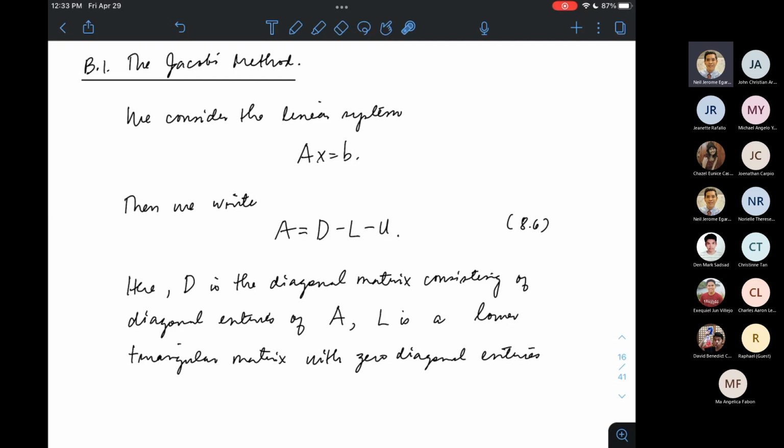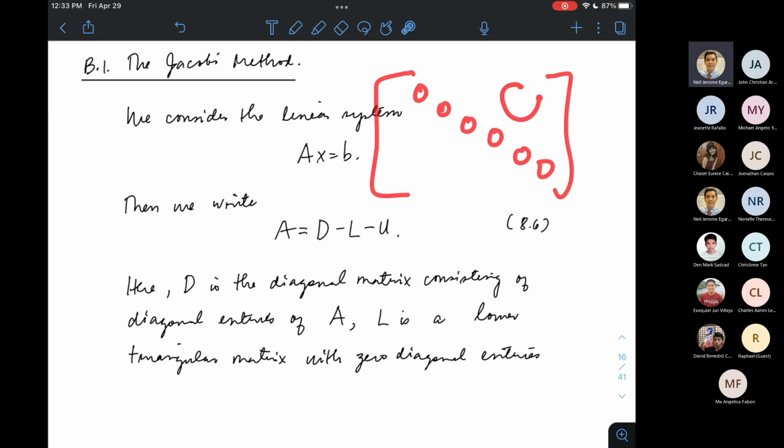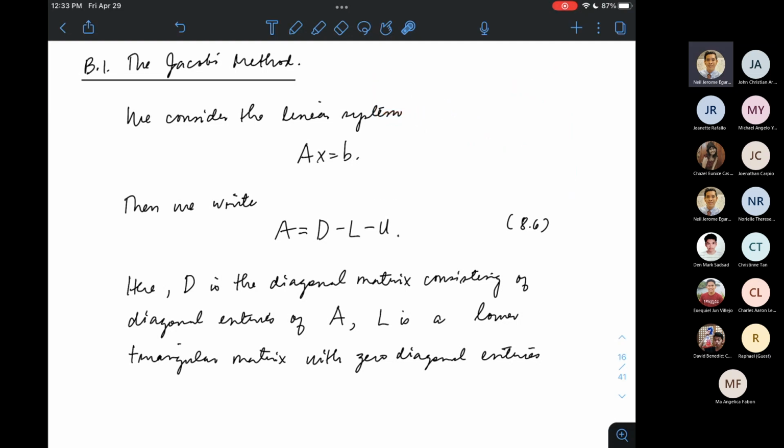All entries outside of the main diagonal should be equal to 0. And then si L, siya naman yung lower triangular part. Wherein the diagonal will be all zeros. Okay? Tapos 0 rin to kasi dapat lower triangular siya. Tapos nandito yung mga components o yung mga entries na non-zero. Okay? So yun yung lower triangular part ni matrix A.